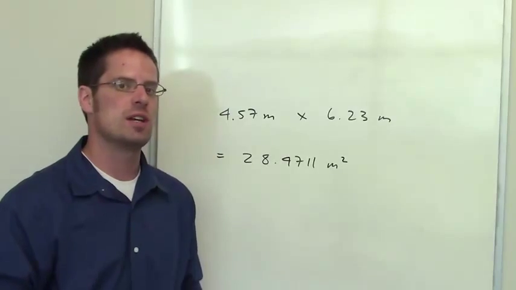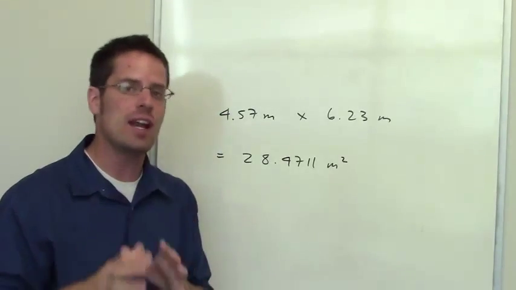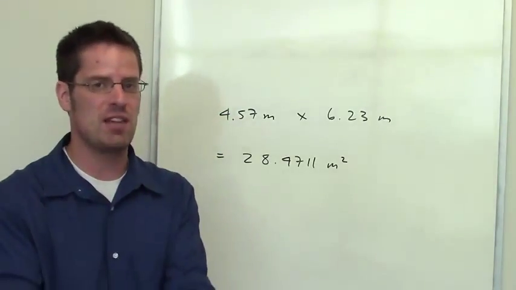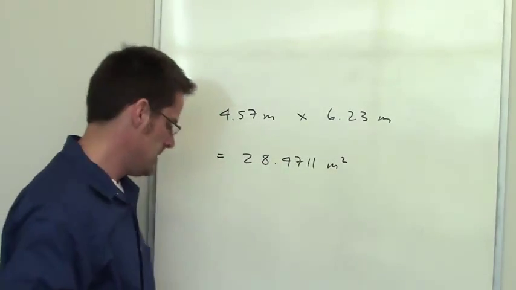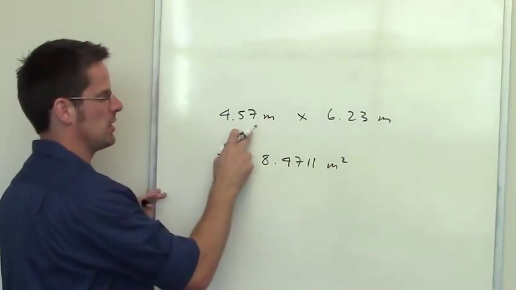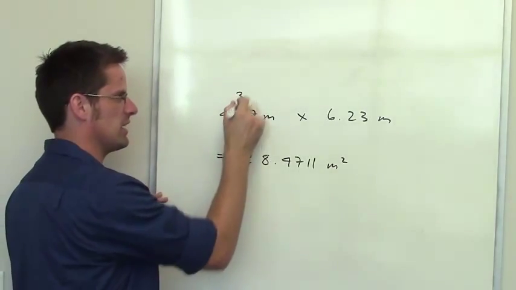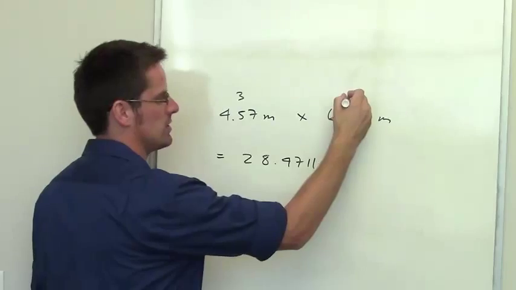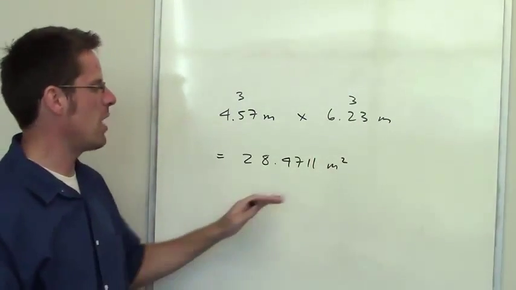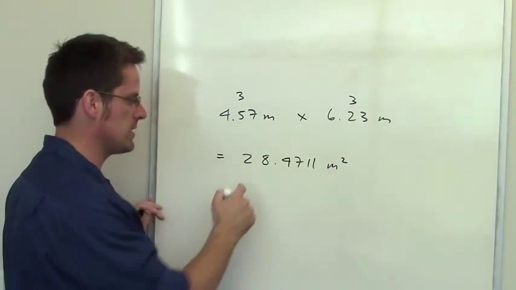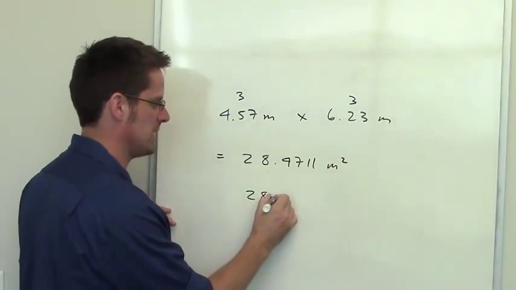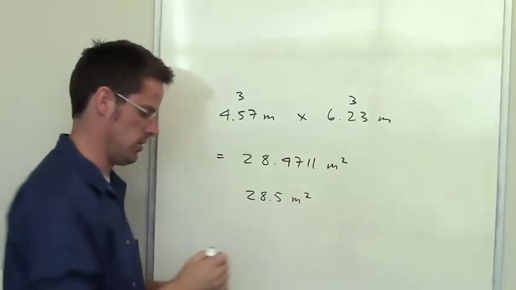In other words, my final answer cannot have any larger number of significant figures than either of the 2 values from whence it came. You'll notice that this number here has 3 significant figures, and this number here has 3 significant figures. Therefore, I have to round my final answer so that it only has 3 significant figures, in this case 28.5 square meters.